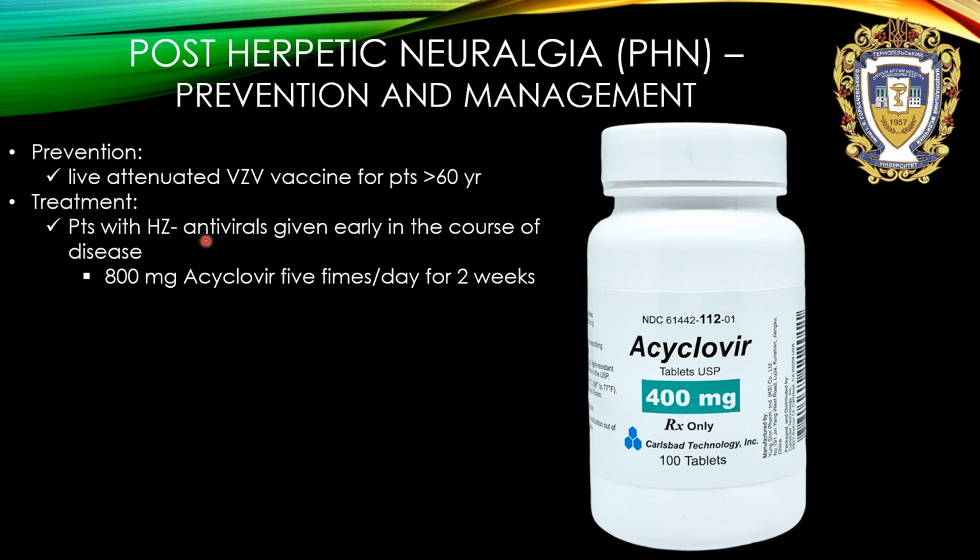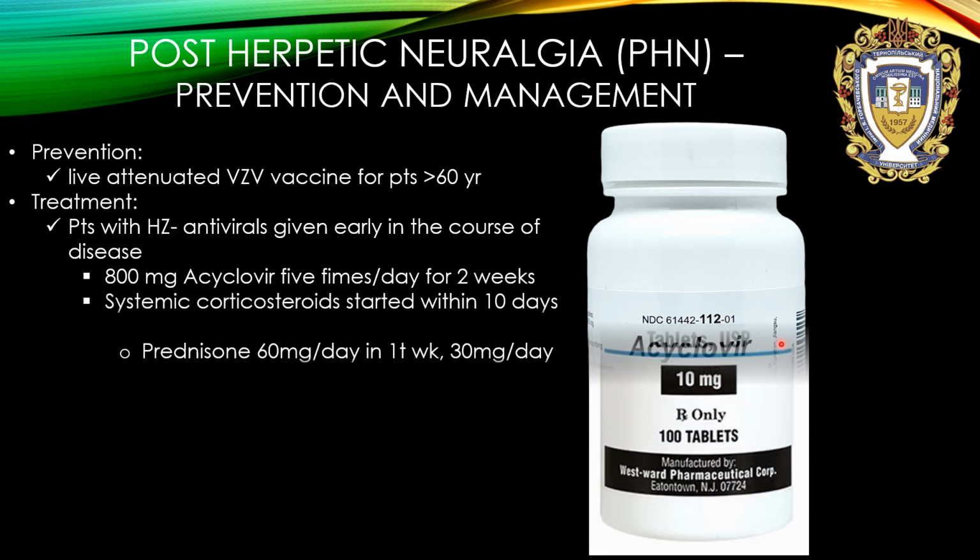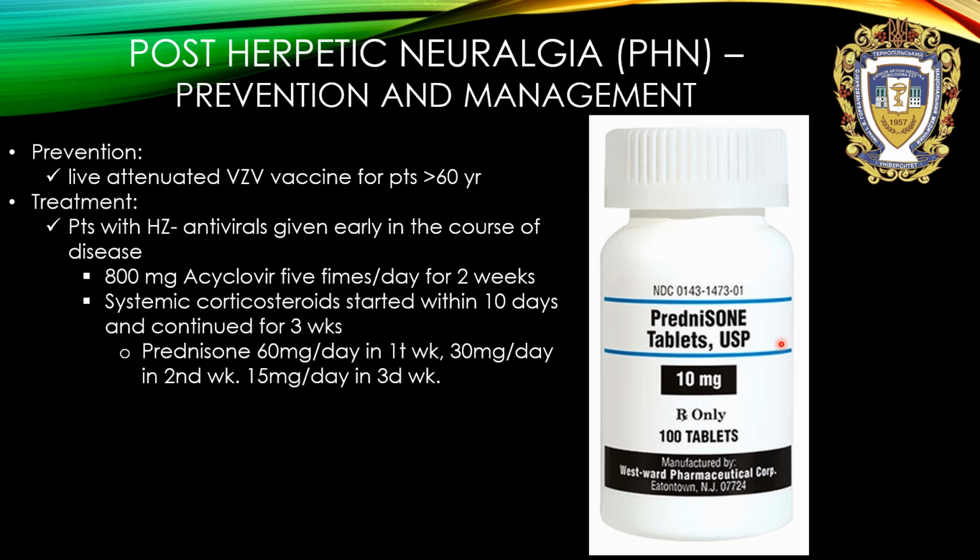And treatment: for patients with herpes zoster, antivirals given early in the course of disease, acyclovir, and systemic corticosteroids started within 10 days and continued for 3 weeks, like prednisone.